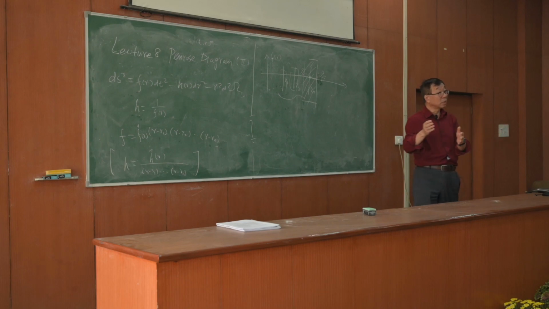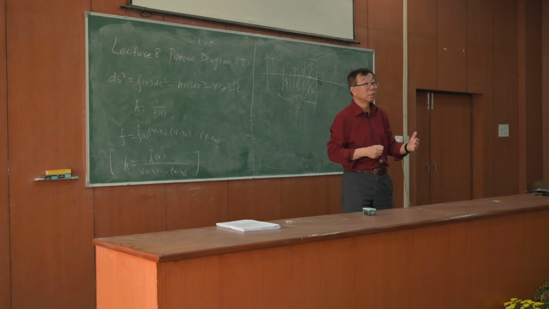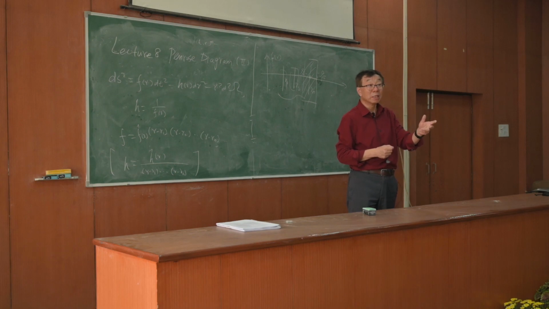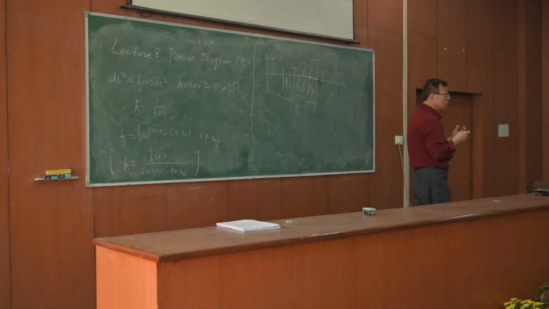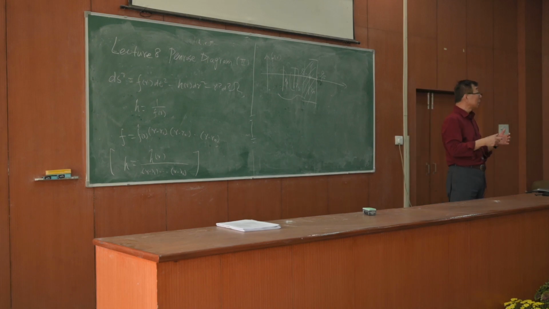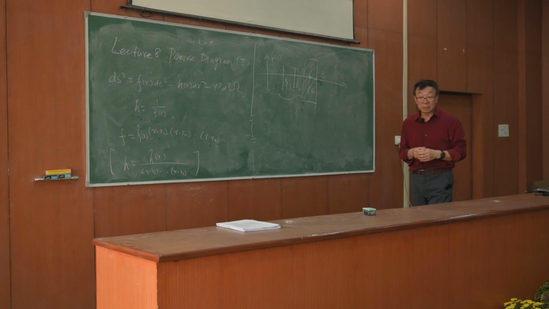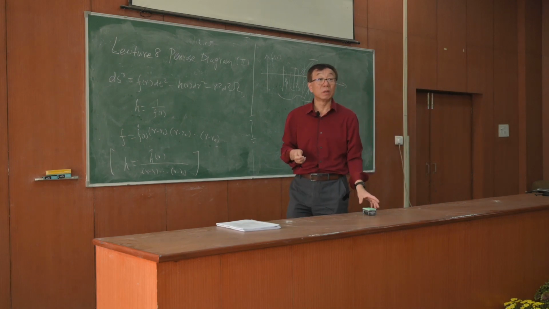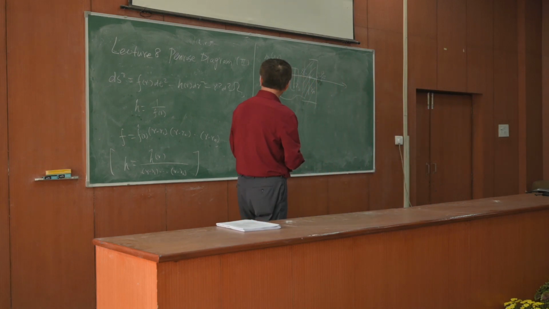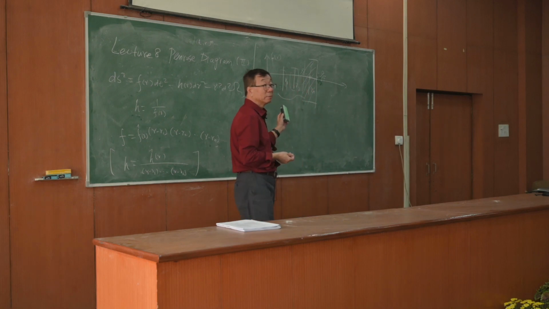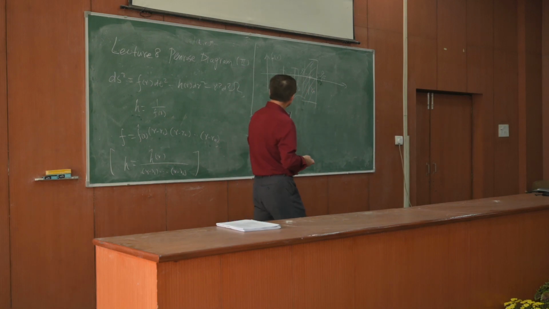But later you can consider it as a charged case. In the charged case, like what I said, we have two horizons. Even for example, if I have a cosmological constant, I can also have two horizons. So in principle, you can work out all the details. Any questions about this? Okay.